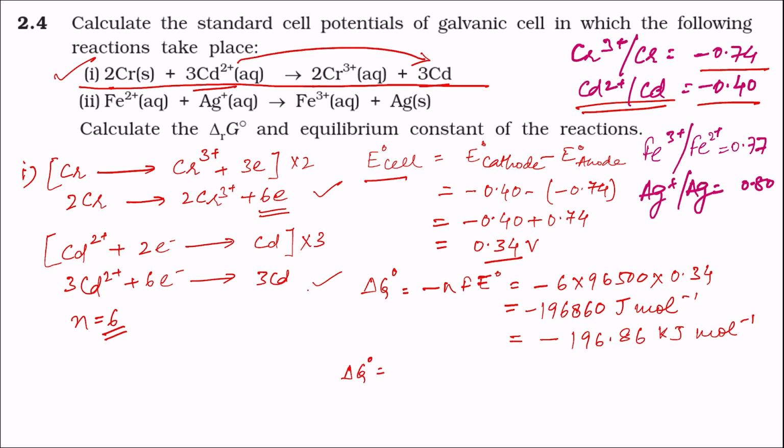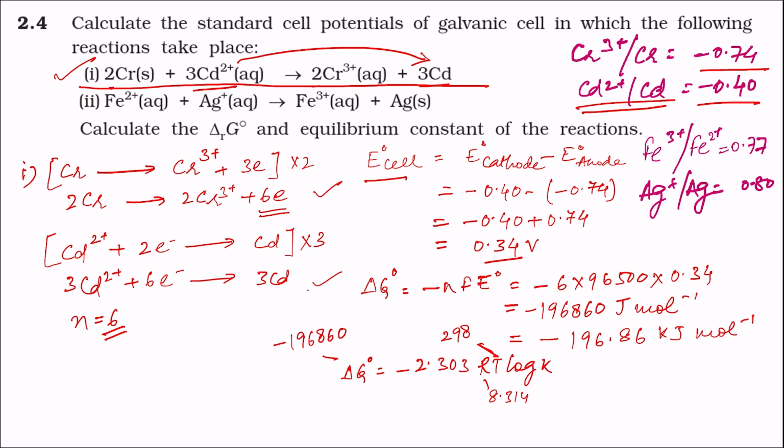Next, the value of K, the equilibrium constant. Delta G naught is also equal to minus 2.303 RT log K. So delta G value is minus 196,860, R will be 8.314 and temperature is 298 Kelvin.